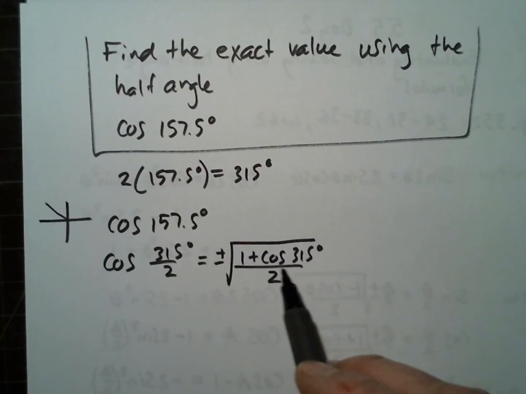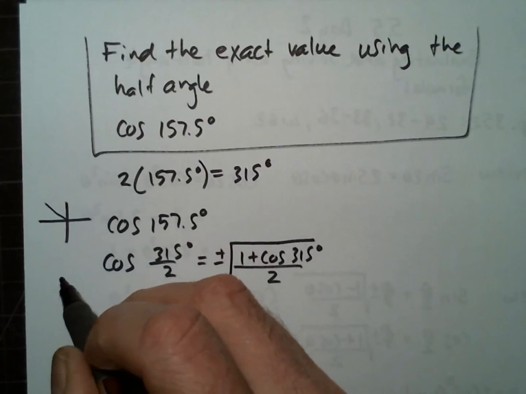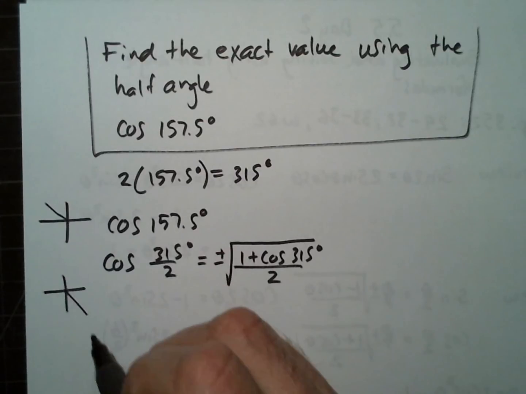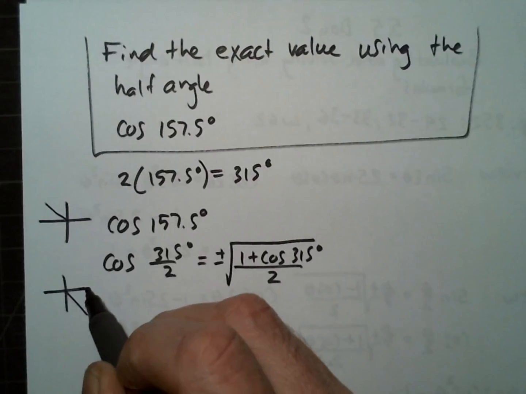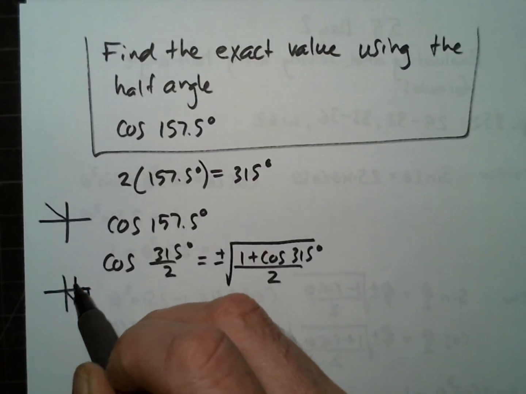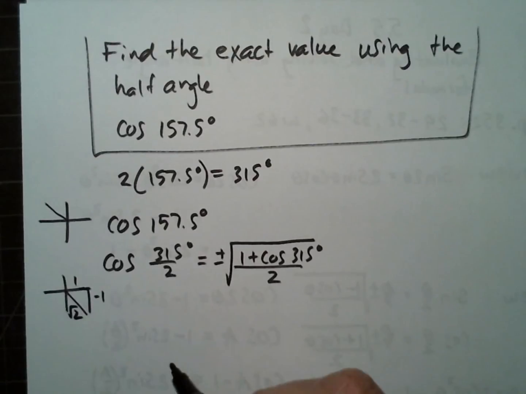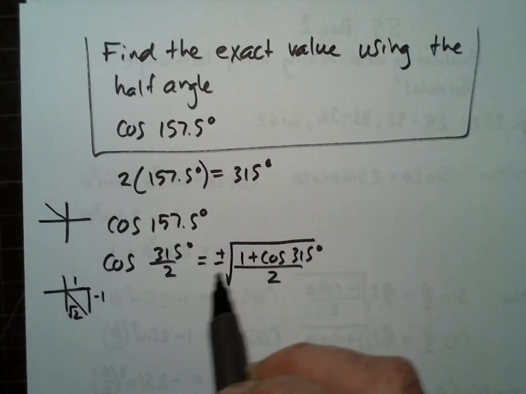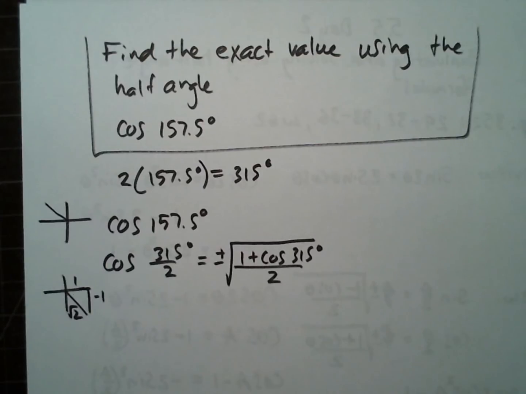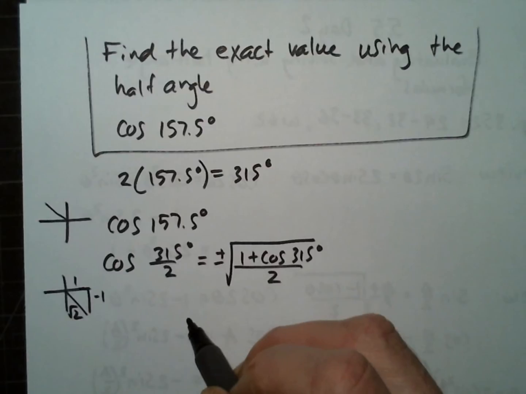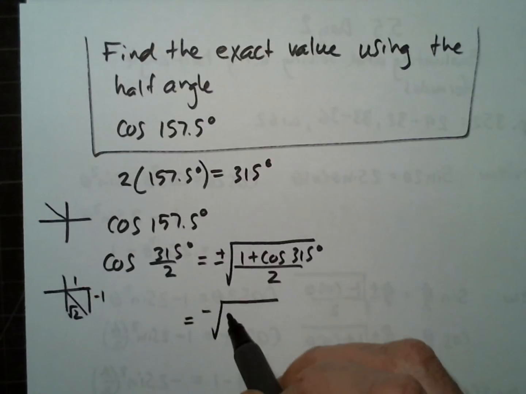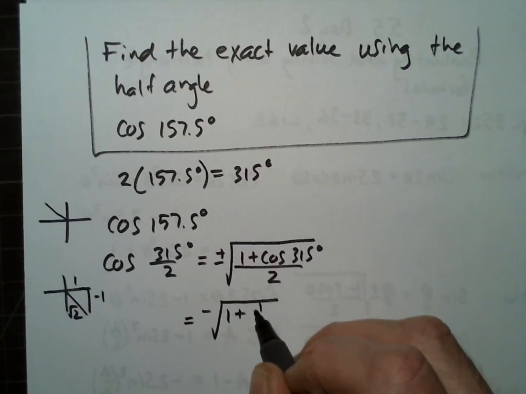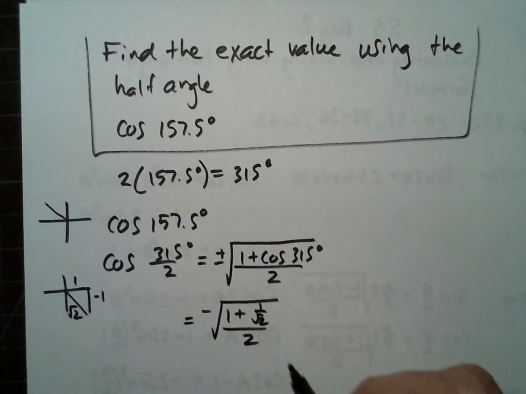Alright, and then we have to evaluate cosine of 315, and 315 has a reference angle of 45 degrees. So we know that the cosine is going to be 1 over radical 2. Alright, so we know it's negative. It'll be negative square root of 1 plus 1 over radical 2, over 2.